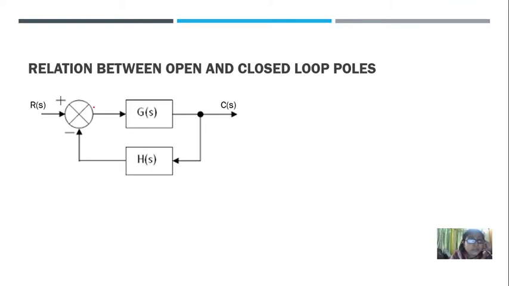Now here, if we want to get the closed loop transfer function from this, it will be G(S) by 1 plus G(S) into H(S). So this whole transfer function, that is C(S) by R(S), will be the closed loop transfer function, G(S) by 1 plus G(S)H(S) with a negative feedback.